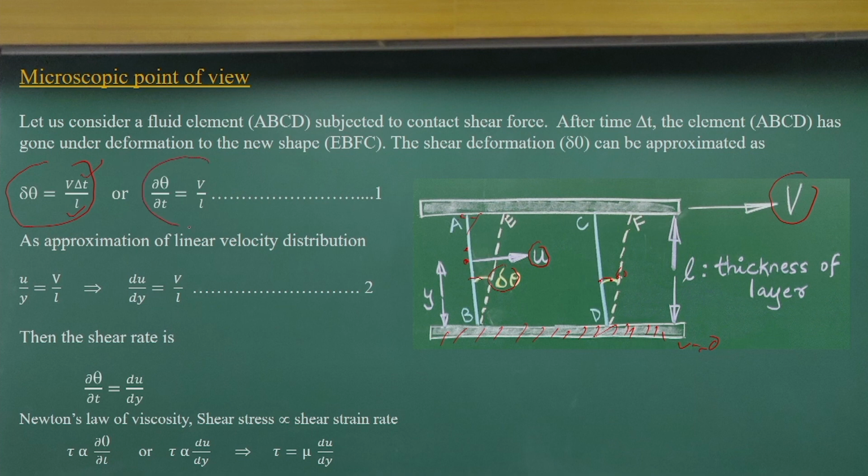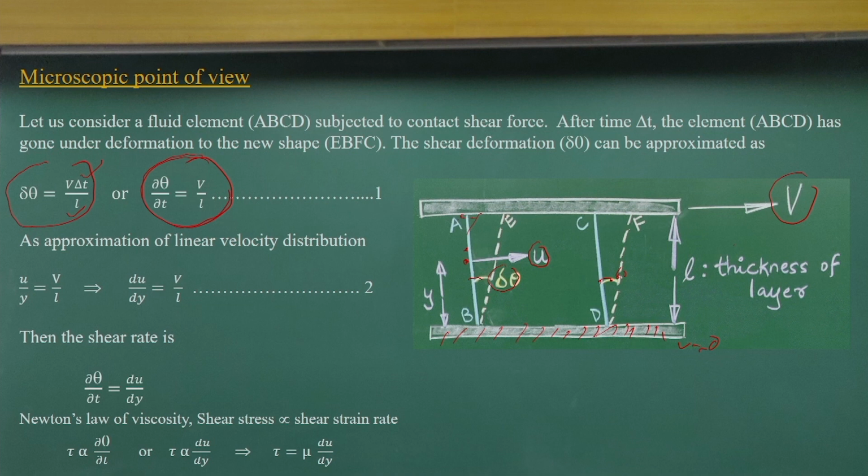Just rearranging that, we can see that the rate of change of angular deformation of this fluid element is equal to V by L. V is a constant, L is the distance between the two plates, also a constant quantity.